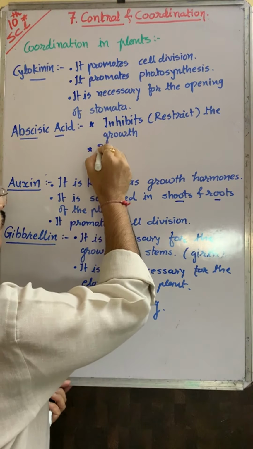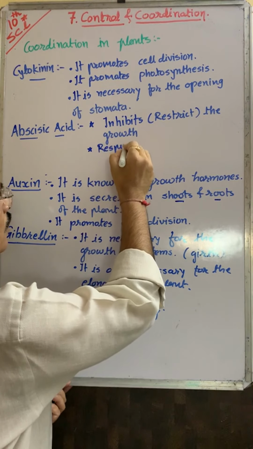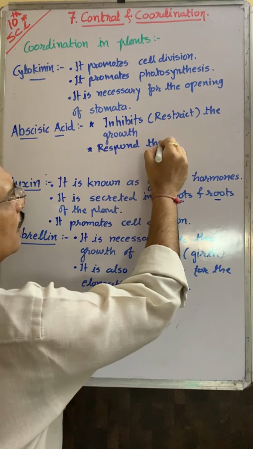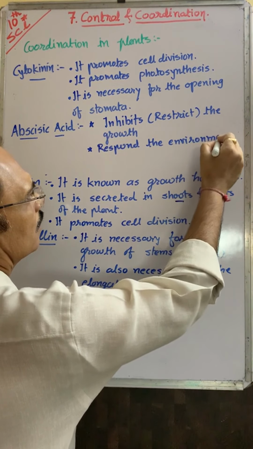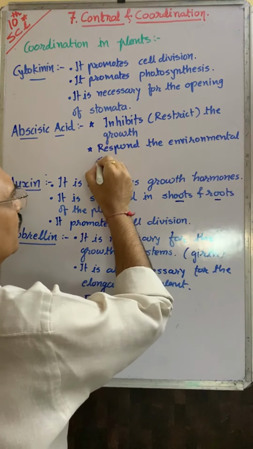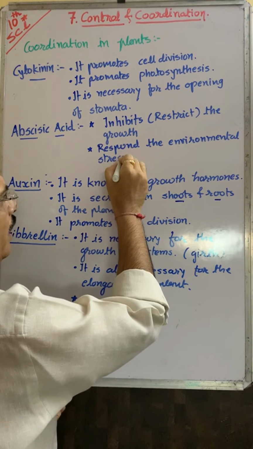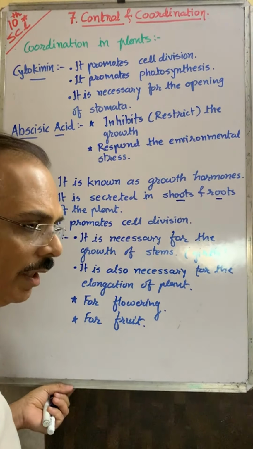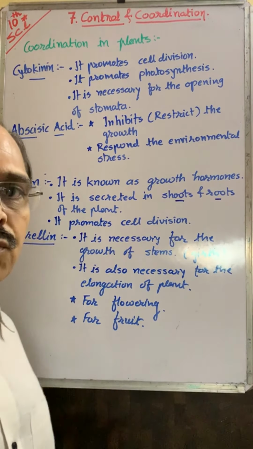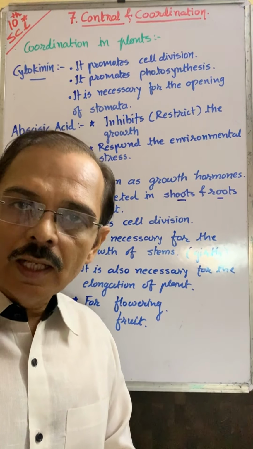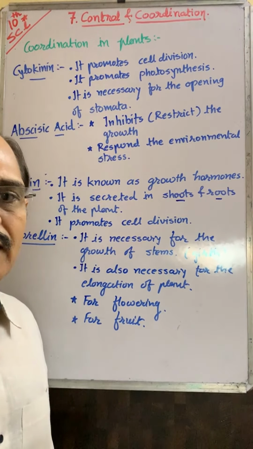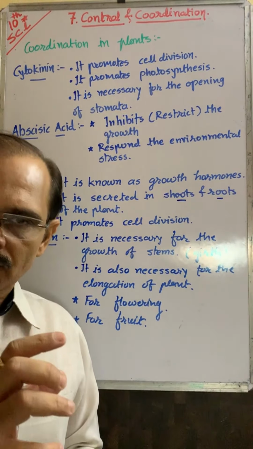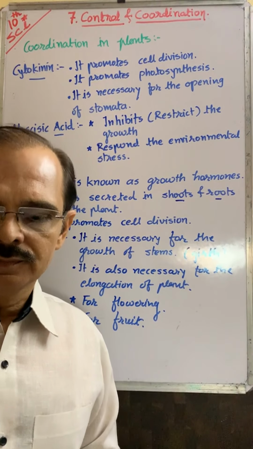It is necessary to respond to the environmental stress. Means surrounding environmental problem, maybe it will be helpful to plant, maybe it is not helpful to plant. All this is decided by abscisic acid, whether it is good or not good, right?